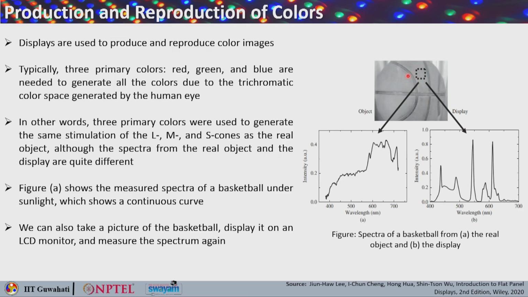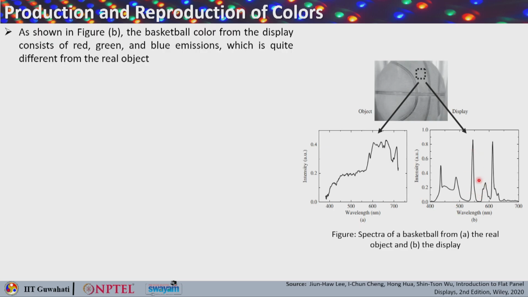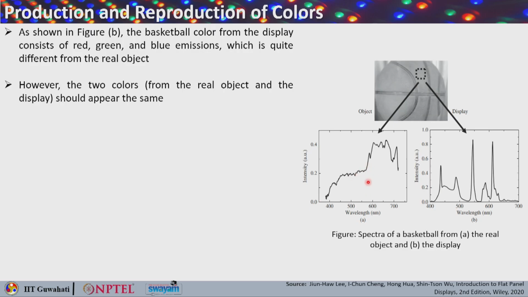Now, when you take a picture of the basketball and display it on an LCD monitor and then measure the spectra again, you will see it looks like this, where it is not very continuous, you have some discrete spikes. So, in this particular figure B, the basketball color from the display basically consists of red, green and blue emissions, and this is very different from how the real object looks.